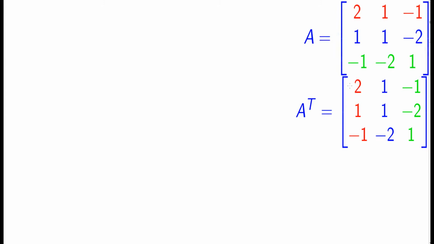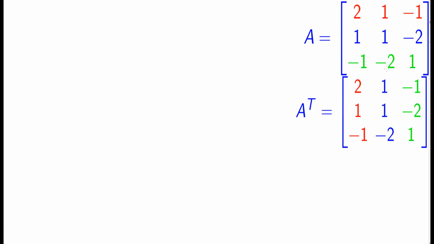Diagonalize the matrix A equal to 2, 1, minus 1. Second row is 1, 1, minus 2. Third row is minus 1, minus 2, 1. Diagonalization can be done by orthogonal transformation and similarity transformation.